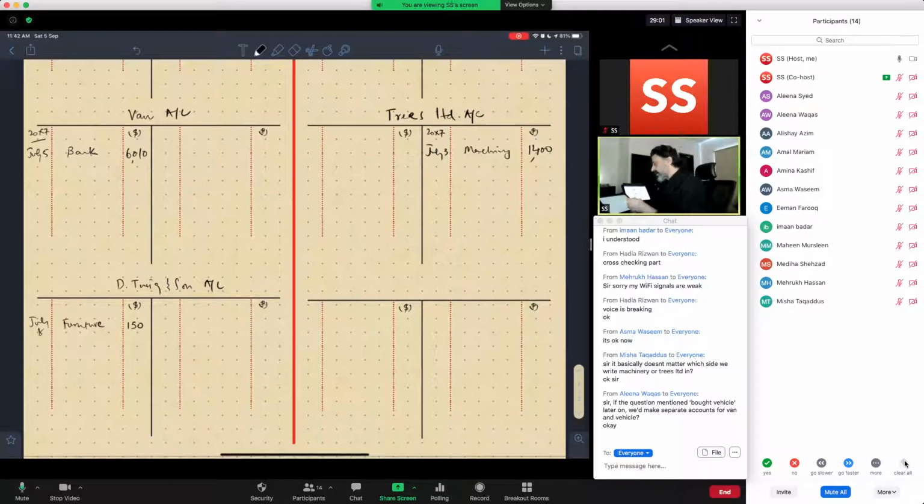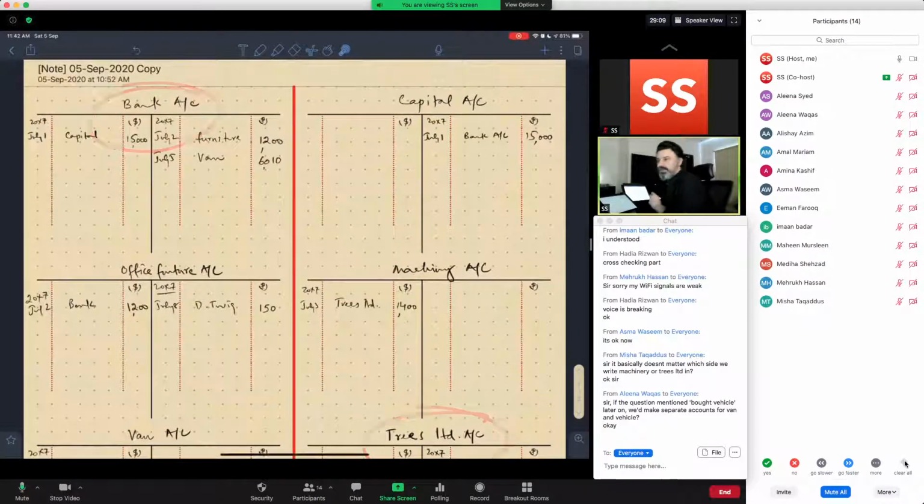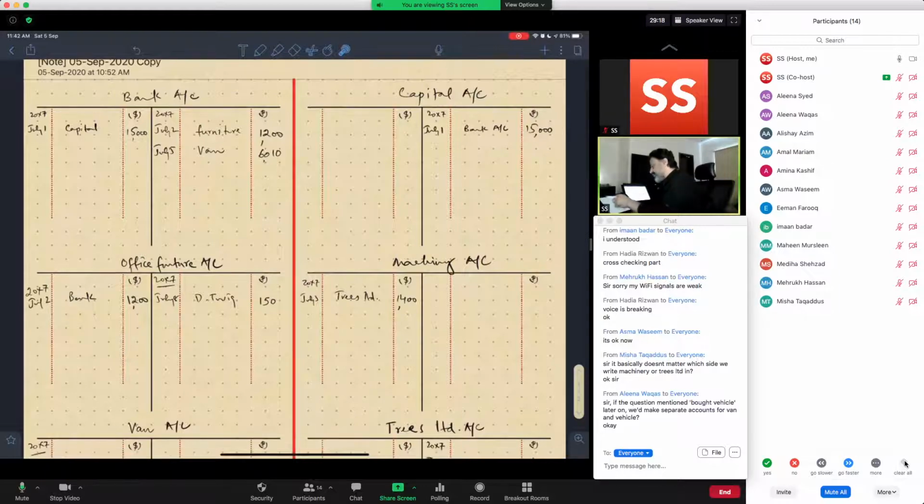That's the entry. And in this entry, we already have the Trees Limited account in existence and we already have the bank account in existence. So no new account needs to be created in order to record this entry in your journal or in your ledger, right? So now we are going to place these entries.